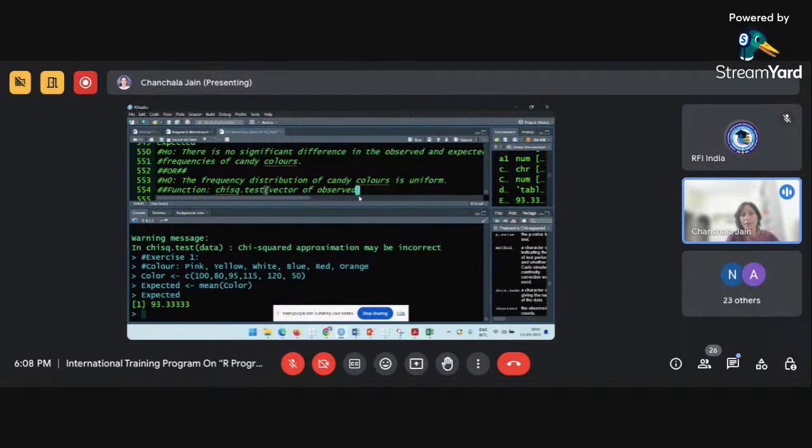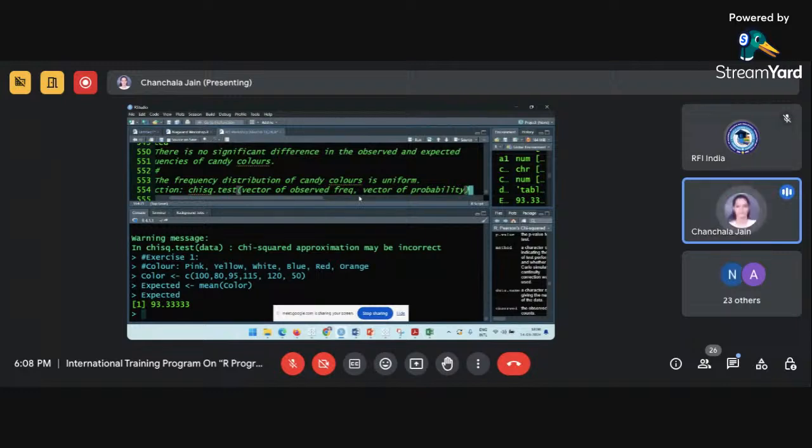In the first parameter, you need to pass the vector of observed frequency, and second will be the vector of probability. These two things you necessarily need to pass if you want to perform chi-square goodness of fit.